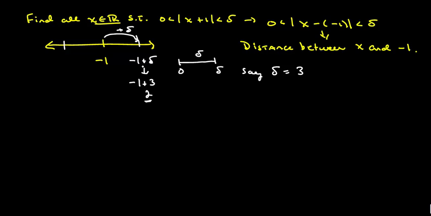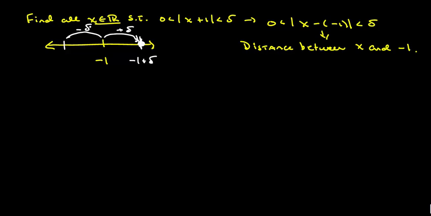Whatever delta we pick, whether 3, or 10, or pi, this point is negative 1 plus whatever that delta value is. To get to the point over here, we have to subtract delta in this direction, so this would be negative 1 minus delta.